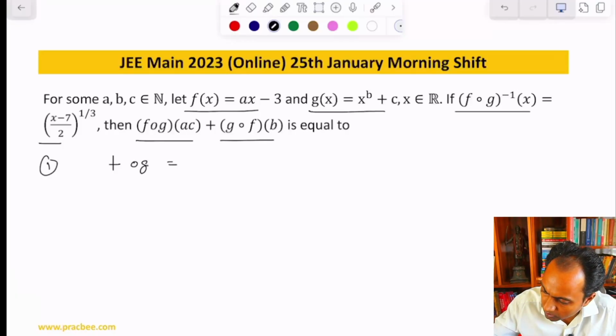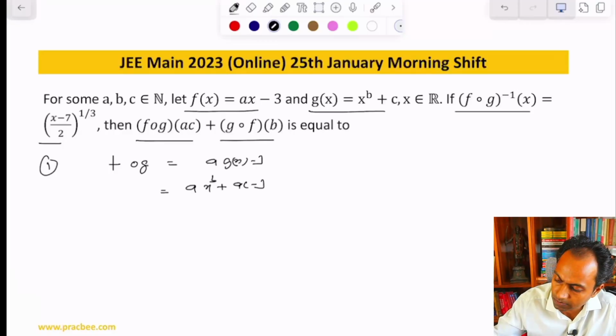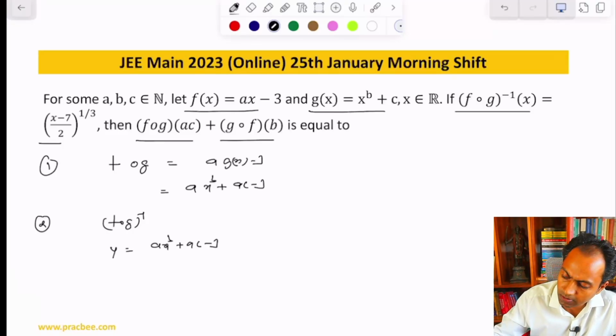If I find f∘g, it will become a·g(x) − 3, and that is equal to a·(x raised to the power b + c) − 3. Now, in the second part, they are saying to find the inverse of this function. So for finding the inverse, we'll take this part as y, a(x raised to the power b + c) − 3. Take it on the other side.